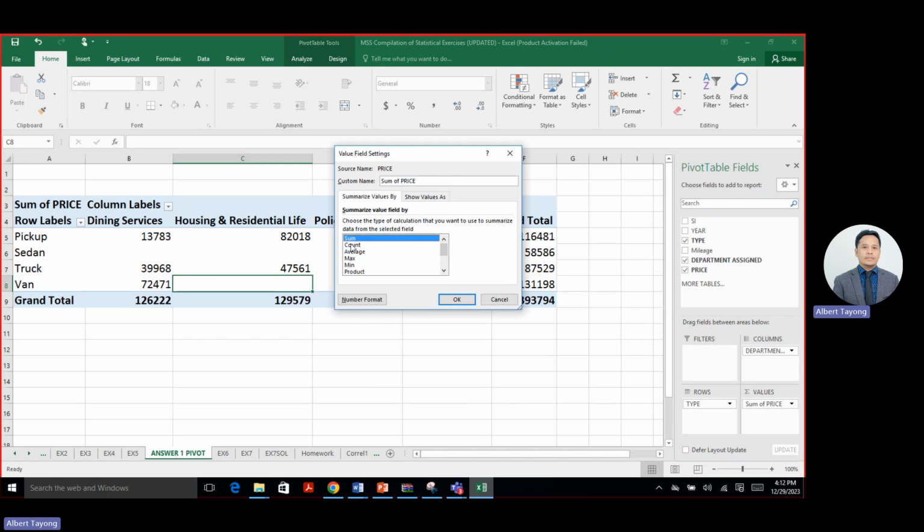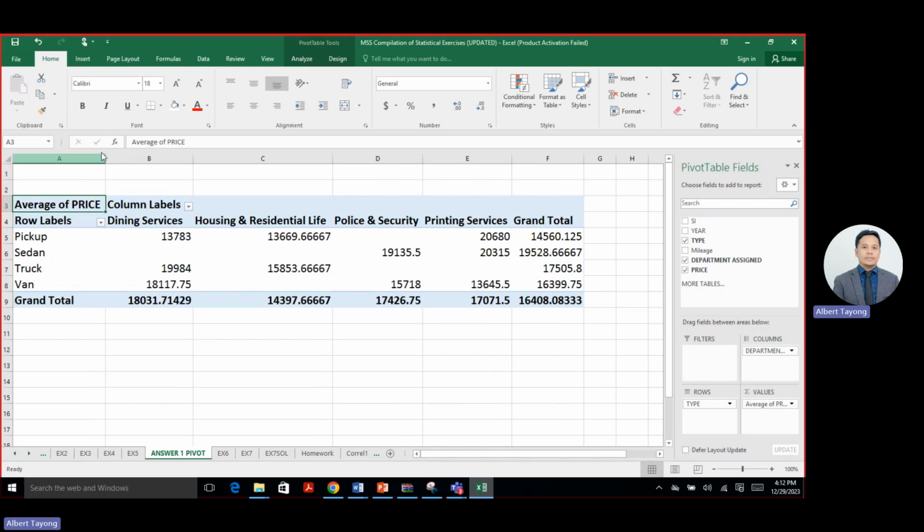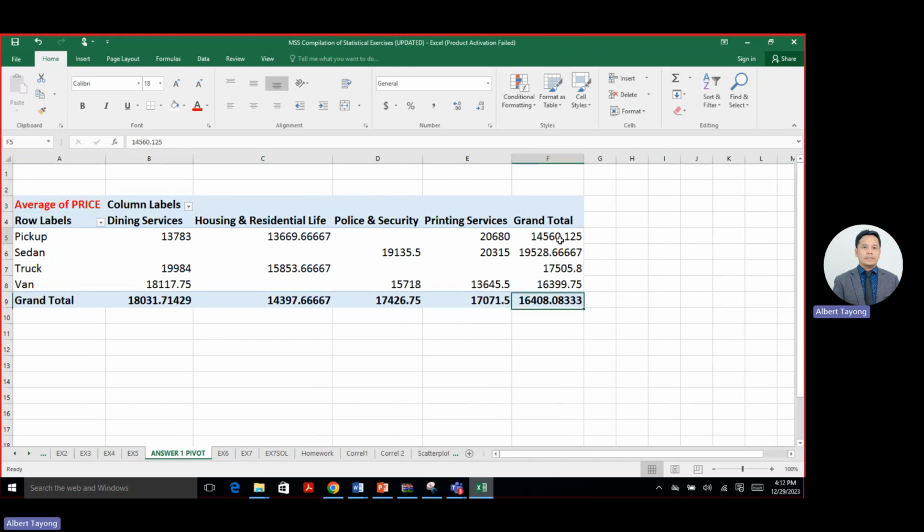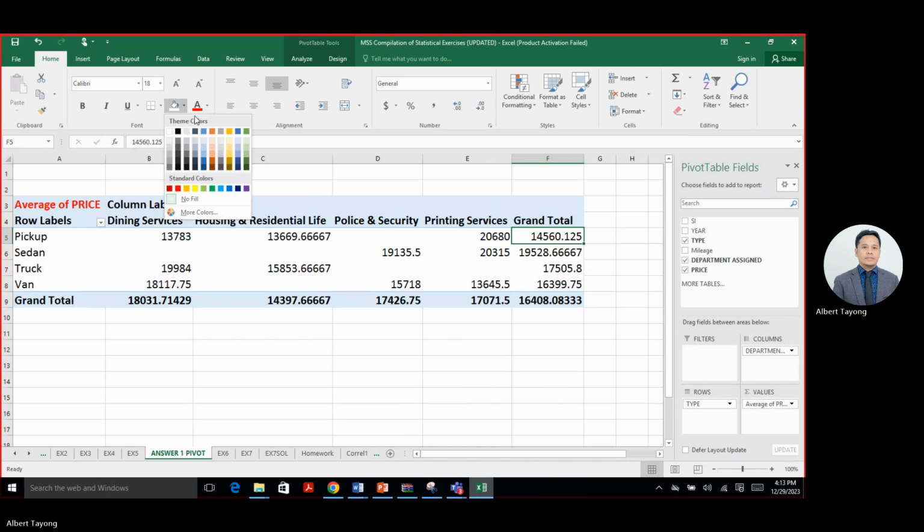There are many measures here, sum, count. By default, it is sum, and you can see here, sum of price. You can also display maximum, minimum, product, standard deviation, and variance. But our requirement is the average. Okay. Now, as you can see, it now says average of price.